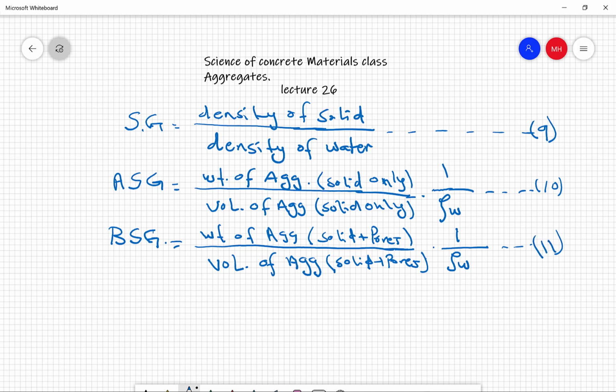So the bulk specific gravity value is basically the realistic one to use, since the effective volume that the aggregate occupies in concrete includes the pores. You need to remember that. This is the more realistic one.